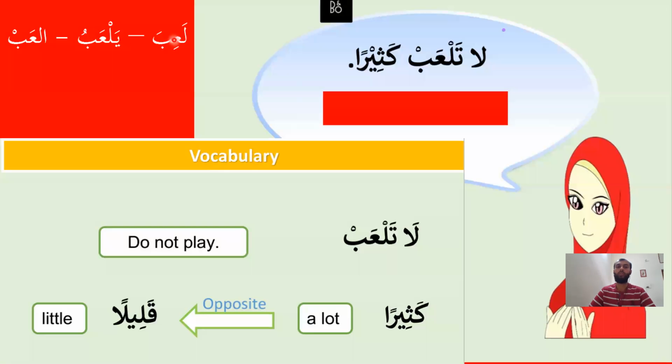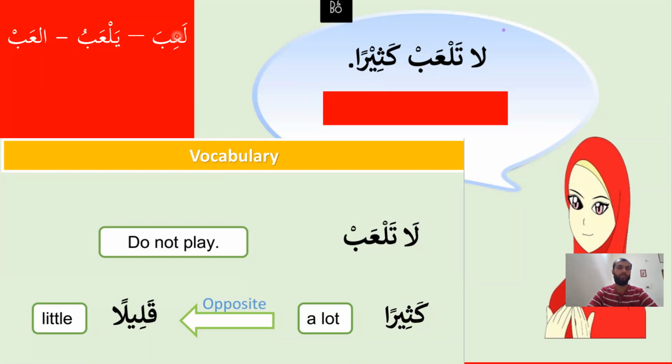Now a question. La'iba is he played. How would I say she played? How do I change la'iba to she played? The clue is I need to change the back of the verb. It is past tense. La'iba, he played, he's already played. The car is gone. I see the back of the car. How do I say she played?